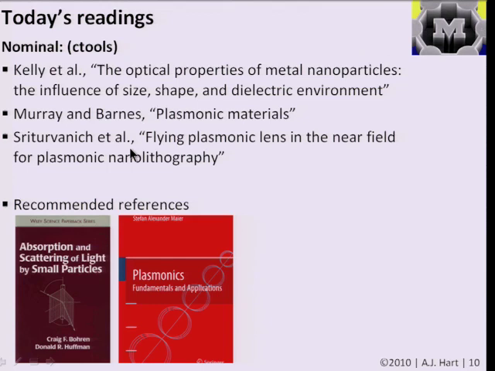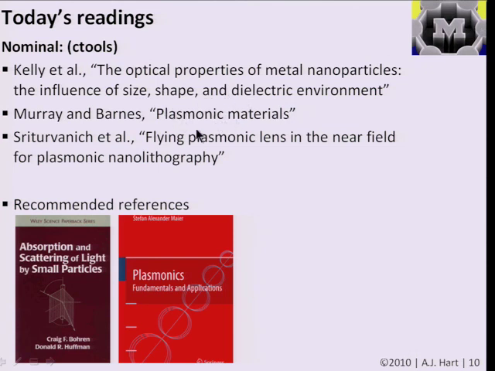So the references we have today are two review papers that talk about surface plasmon resonance. The first one is more detail on the optical properties of metal nanoparticles, the introductory example we're building our understanding from. And the second one is broader, talking about principles and applications of plasmonics.